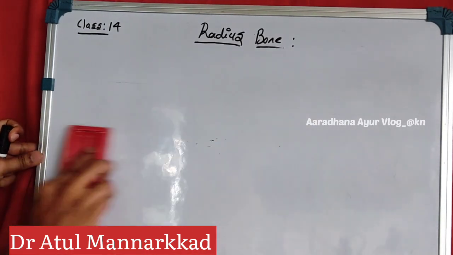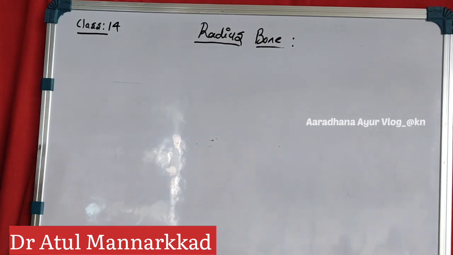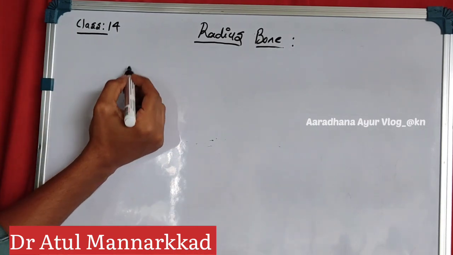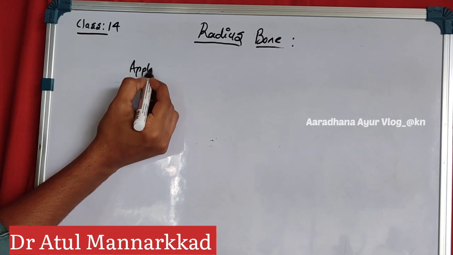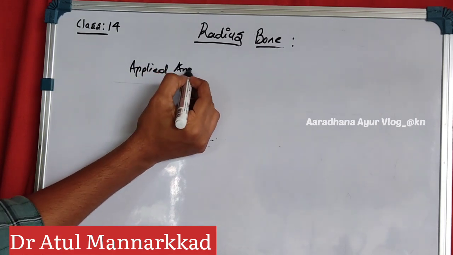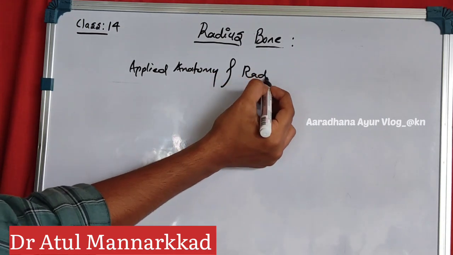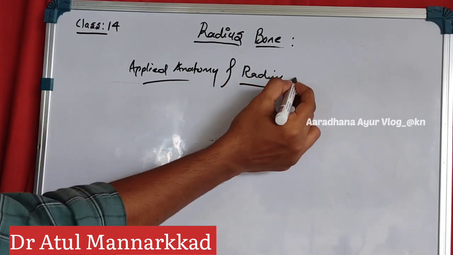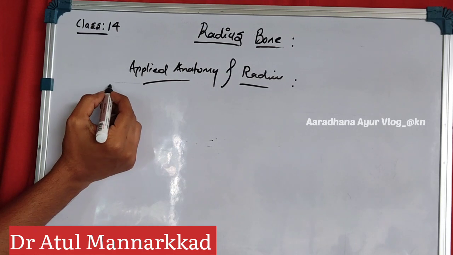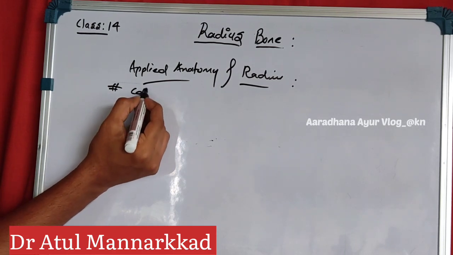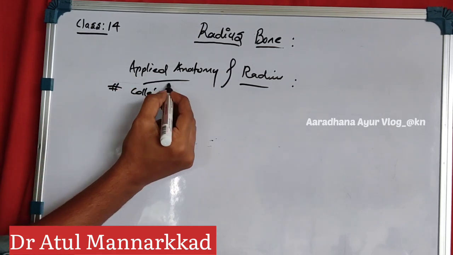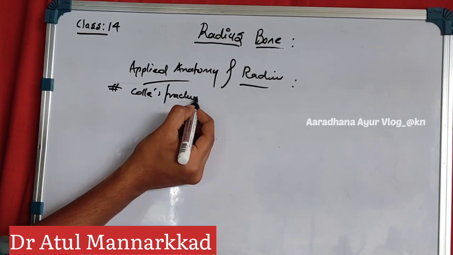And next let's discuss the applied anatomy of the radius bone. Two main ones: first is the Colles fracture.